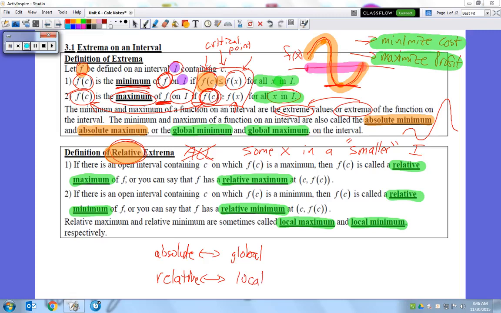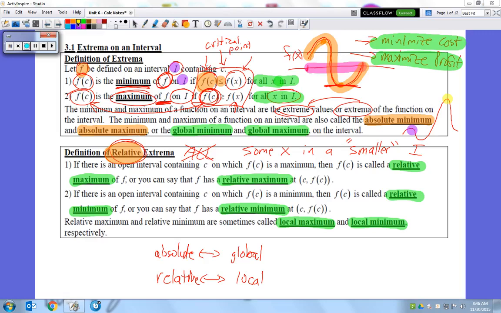So for instance, if I were to come over here and highlight in purple, I could say that this right here is a relative, i.e. a local maximum. It's not the absolute, because if I'm looking out on a bigger interval, this would be the absolute. Okay?